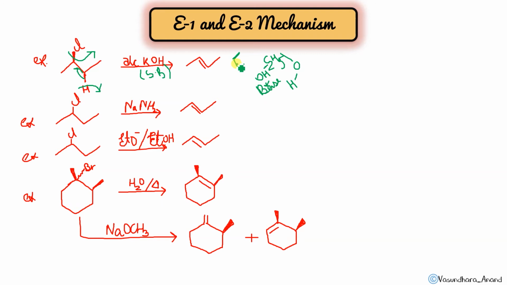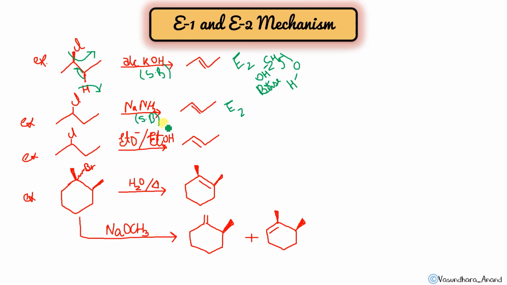This is E2. Okay. In this case also it is a strong base. If it is a strong base, then here also it will follow E2 mechanism. Got it? And the same way Cl and hydrogen both will come together, both will eliminate out together. Clear? In this case also EtO minus, EtOH. Again this EtOH came up. So due to this bulkiness, it will act as a base. If it would be alone, it might act as nucleophile.